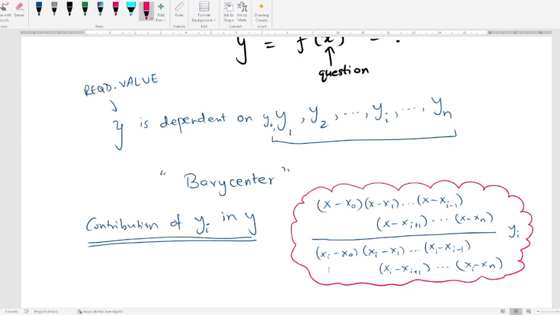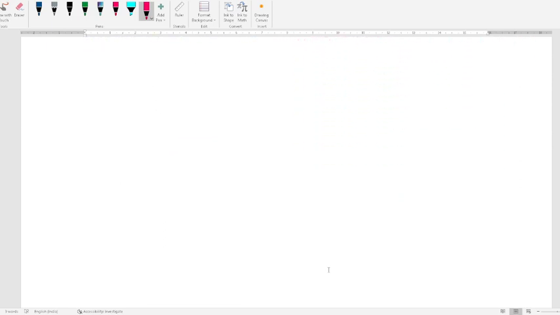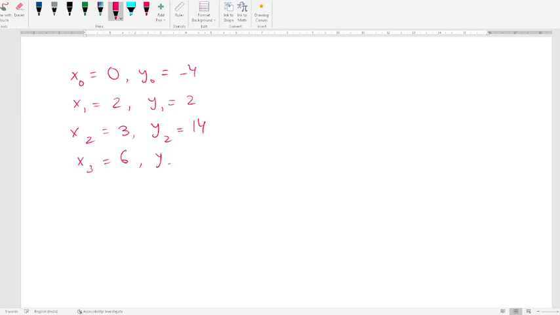Now let's try to solve a problem and get the hang of it. Let's say there is a given question in which x0 is equal to 0, y0 is equal to negative 4, x1 is equal to 2, y1 is equal to 2, x2 is equal to 3, y2 is equal to 14, x3 is equal to 6, and y3 is equal to 158.